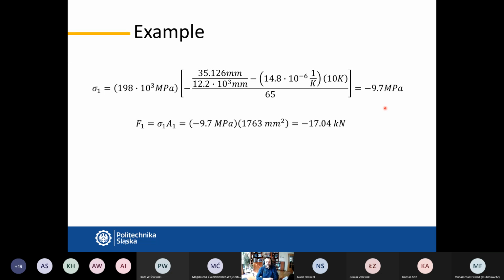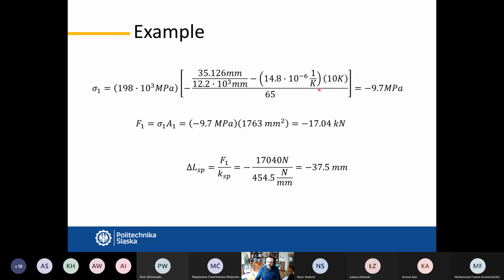F1, so force in pipe number 1 will be 17 kilonewtons, and change in length in the spring would be, in such a case, 37.5 millimeters.